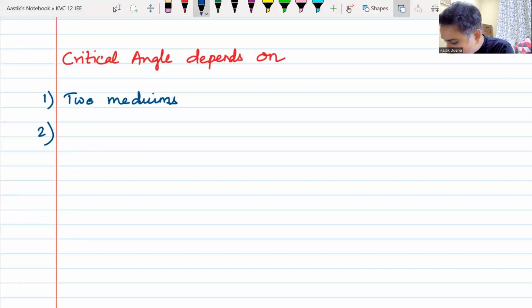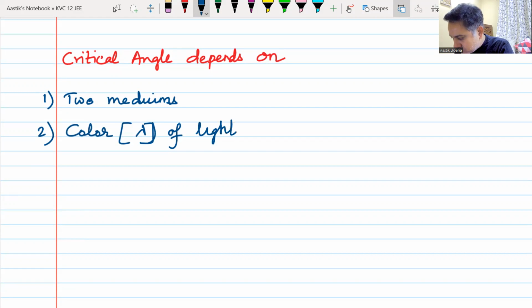Speed. What else? It depends on the color or the wavelength of light, because refractive index depends on it. We understand that mu for any medium is inversely proportional to lambda.